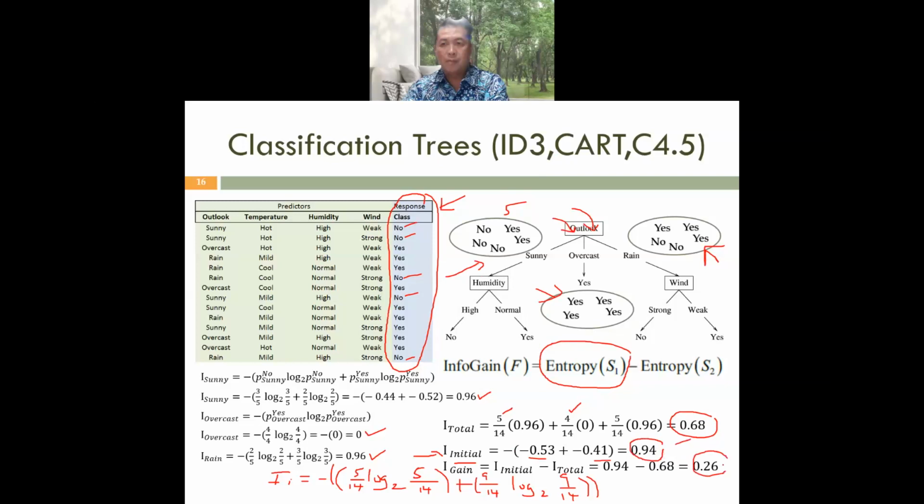So this is what we call the information gain, how much improvement we can provide to the data when we split them into a few partitions based on the value of the features.